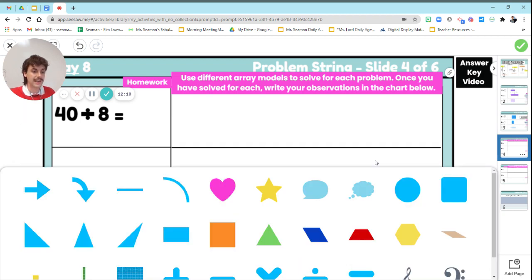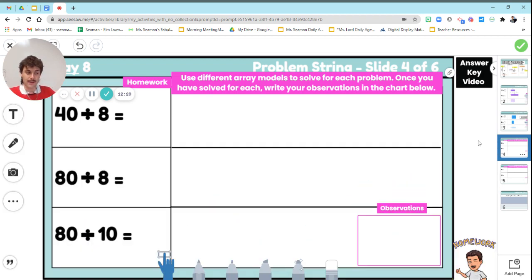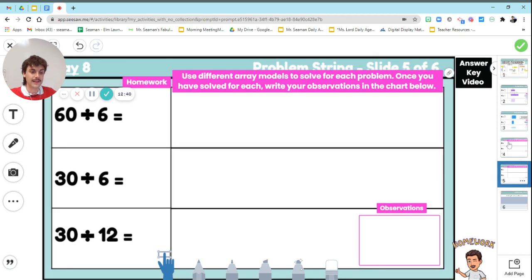Now, if you'd like, you can go on a sheet of paper and take a picture of it. But I would love to see your amazing drawings here. And then I want to see your observations. So your observations are going to be, what do you notice from the first square to the last one in each of these slides? All you have to do is 6 problems. Once you have those done, then you are all good to submit.